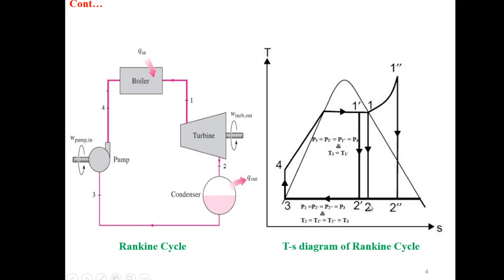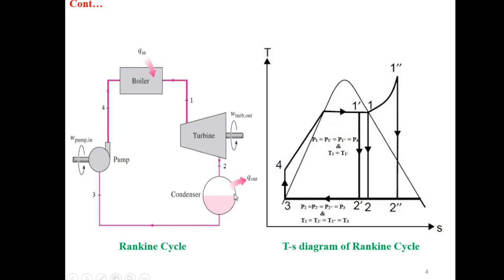So this is point number 2, this is point number 3, and it will be a horizontal line because in between the dome we are having constant pressure line as the horizontal line. So this is point 2 and 3. We are taking the heat from the wet steam point, that is point number 2, so that our wet steam will become the saturated liquid, that is point number 3.